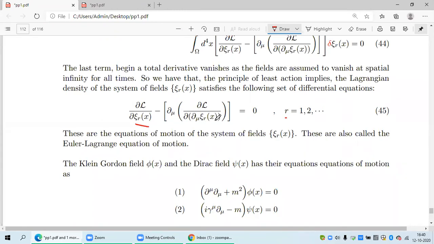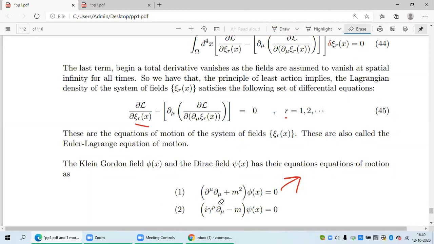Okay. Now the point is, we know these two ordinary wave equations. Suppose let us consider the Klein-Gordon equation first.